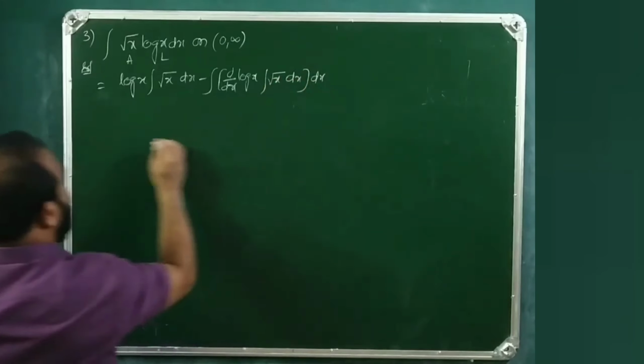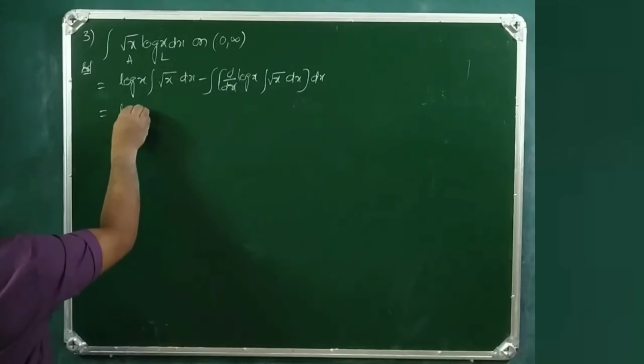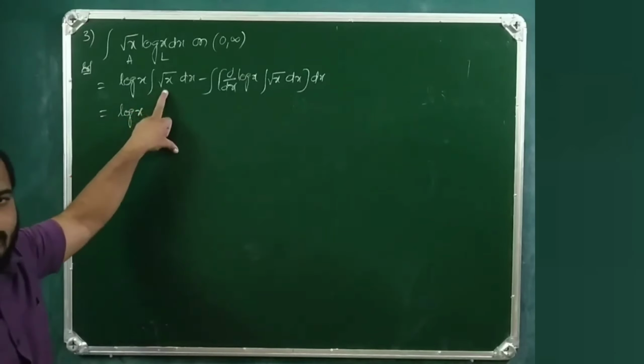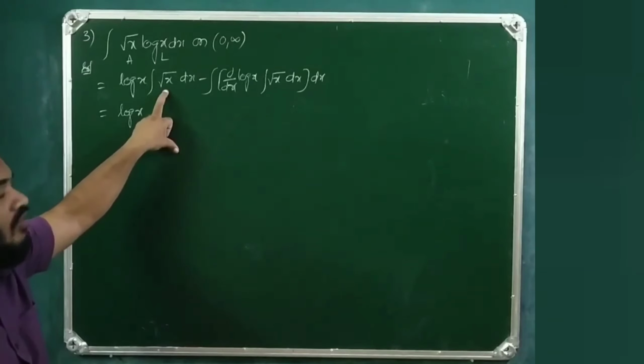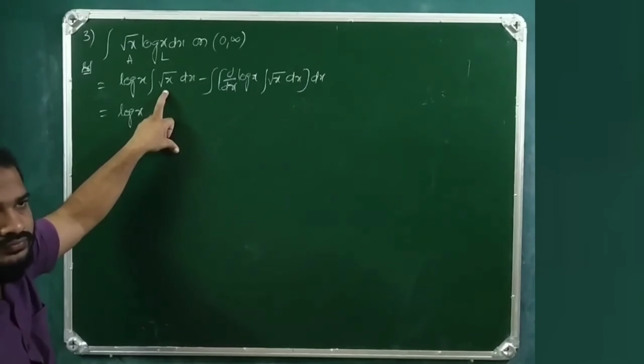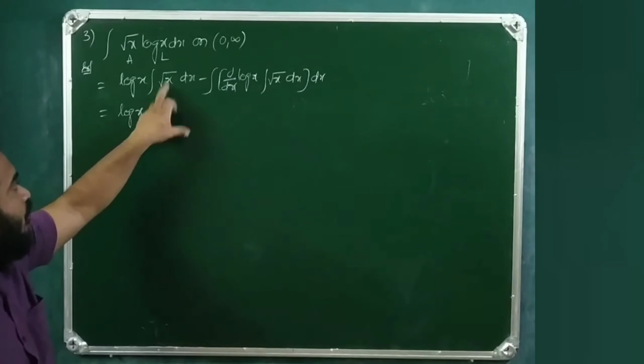So this is equal to log x, integral root x is x power 1 by 2. Integral x power n dx is x power n plus 1 by n plus 1. So x power 1 by 2 plus 1 by 1 by 2 plus 1, x power 3 by 2 by 3 by 2.